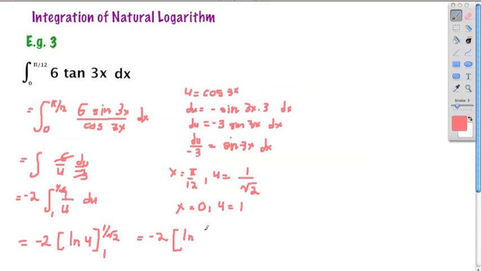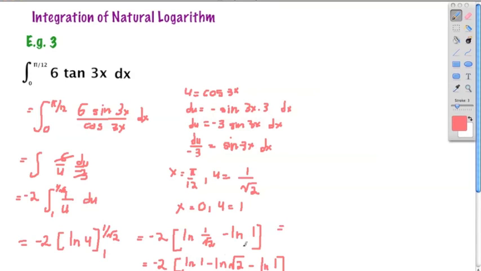So it will be ln 1 over square root 2 minus ln 1. And these terms here, I can break it down again. I can get negative 2 inside the bracket, ln 1 minus ln square root 2, and minus ln 1.